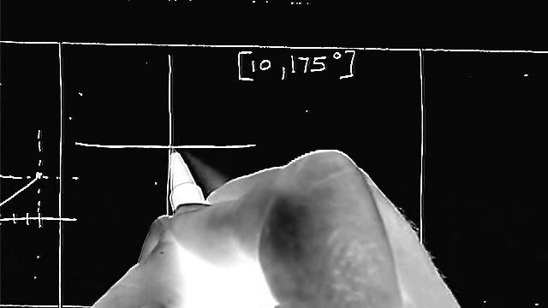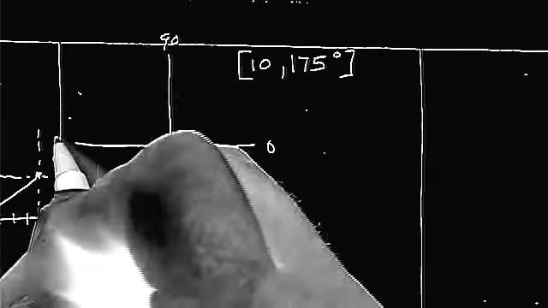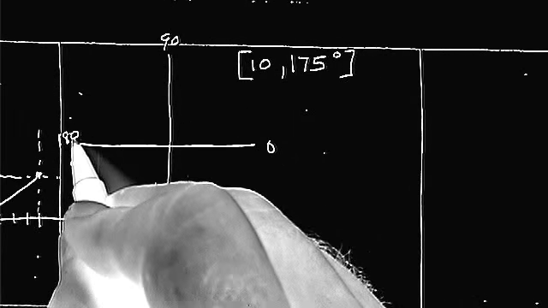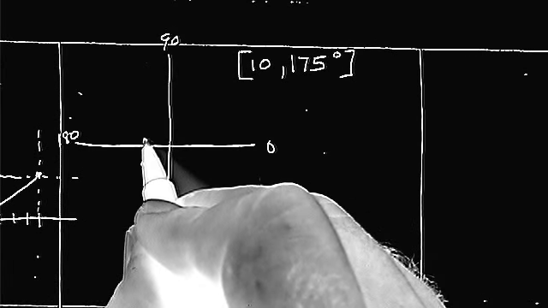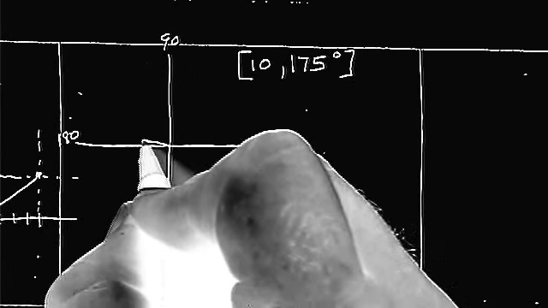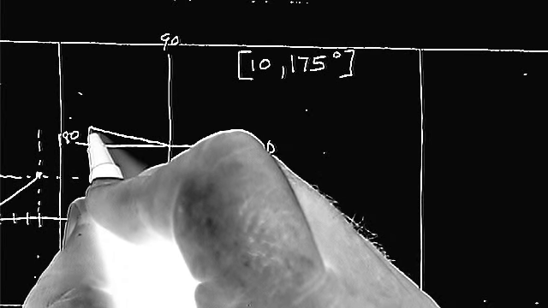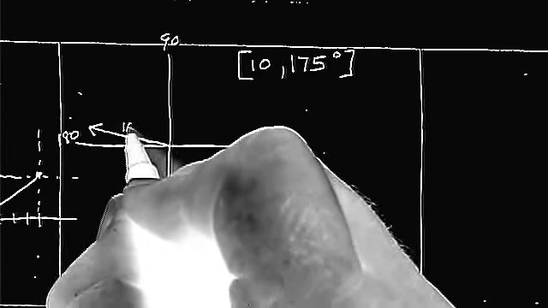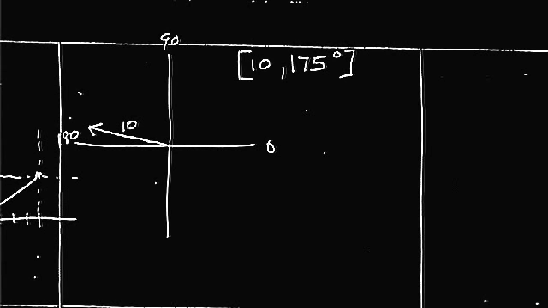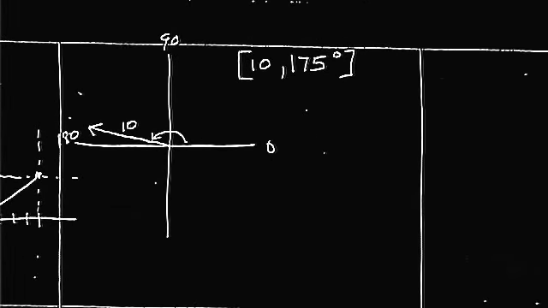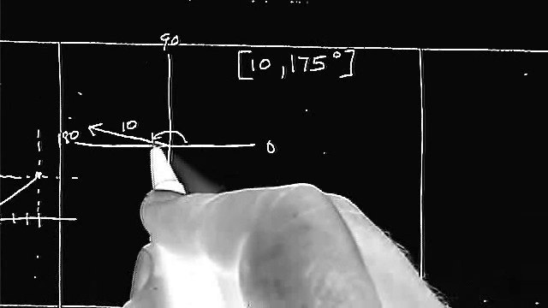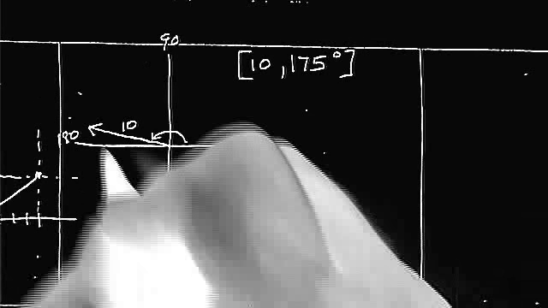Okay, so we spin around, like here's 0, 90, 180. So you can tell I'm going to be pointing more towards this area over here, because 175 degrees. And then I'm moving out away from the origin 10 units. So there's my 175 degree angle, and then 10 units out.